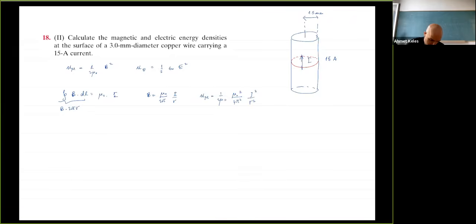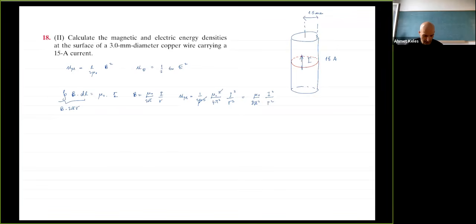But this thing is equal to, cancel these, mu0 over 8 pi squared I squared over R squared.